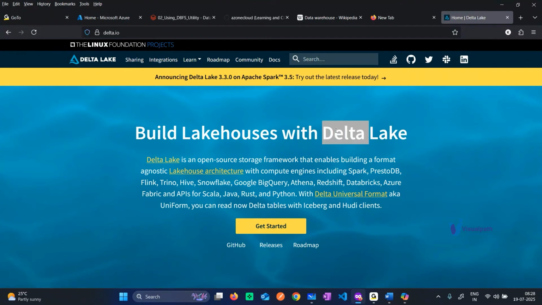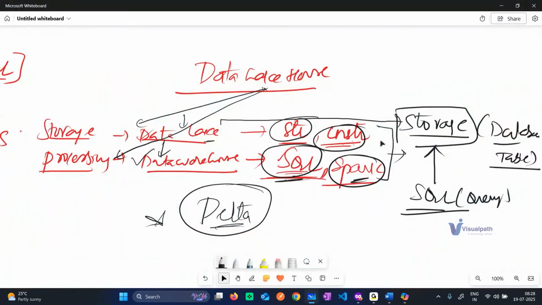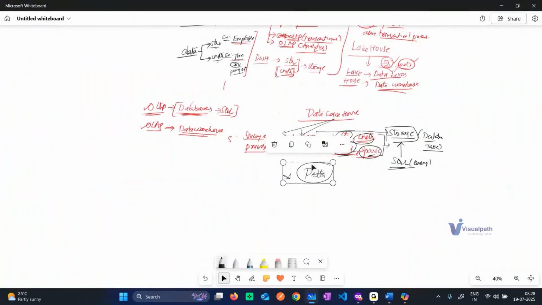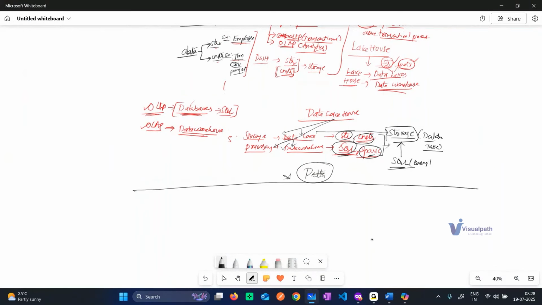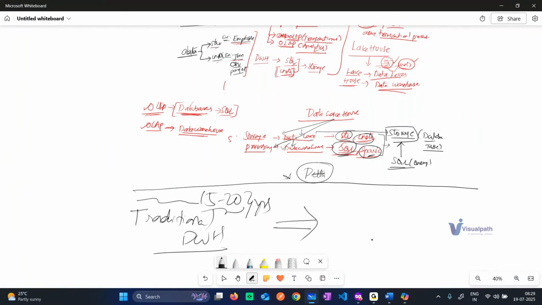What I want you to understand from this entire discussion, participants, is this: the industry is moving from traditional data warehouses, which is somewhere around 15 to 20 year old technology, and this is getting replaced by modern lakehouse design.